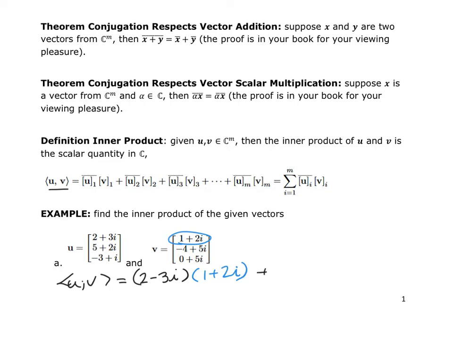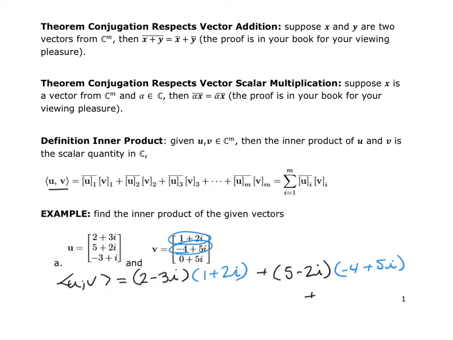And then plus the conjugate in my first vector in the second position, so the conjugate would be 5 minus 2i. And it's going to be multiplied by the entry in the second vector in the second position, so minus 4 plus 5i. And then I have plus my last multiplication here.